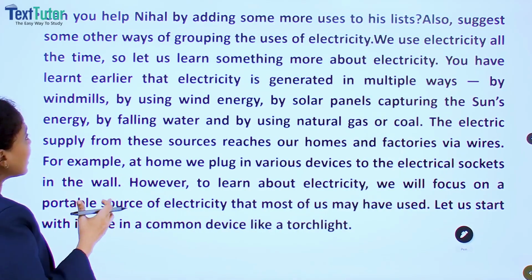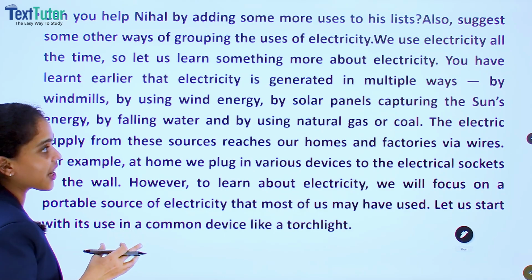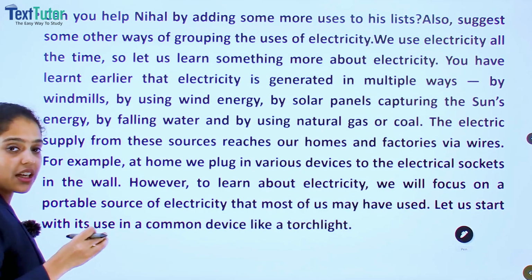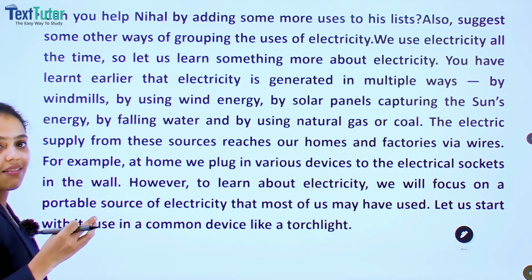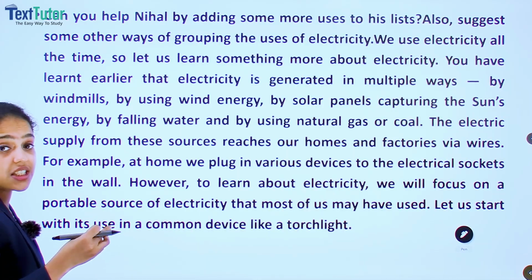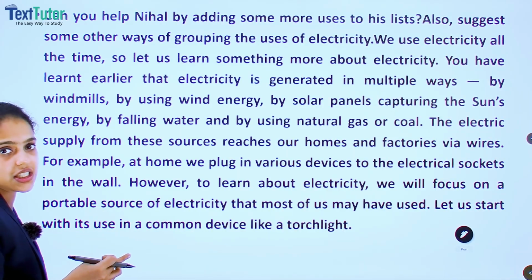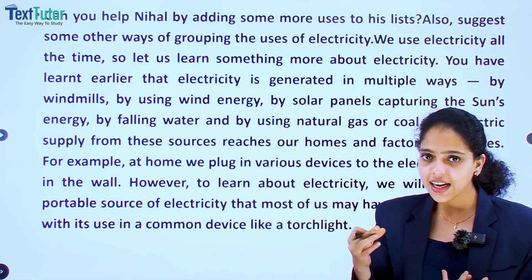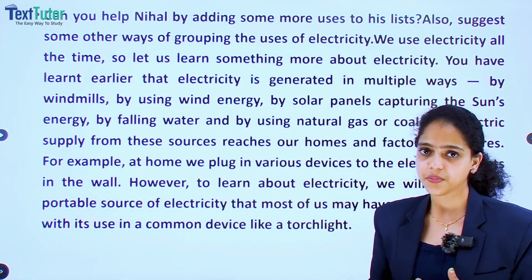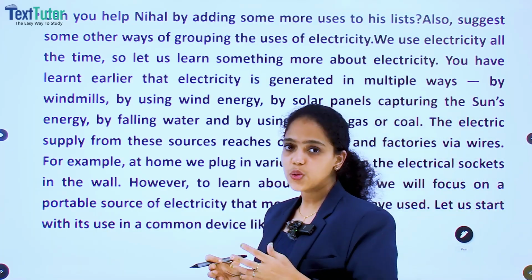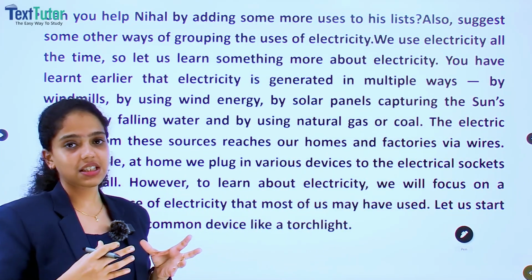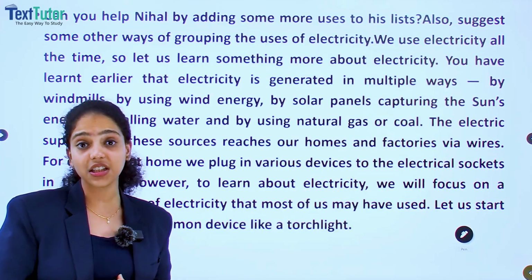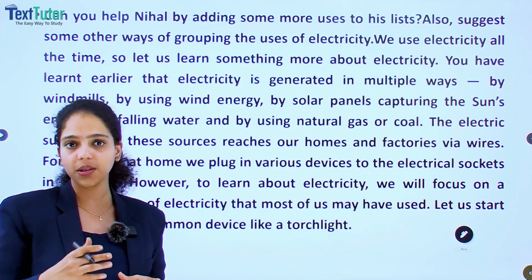You have learned earlier that electricity is generated in multiple ways. In your early classes, you learned that electricity can be generated from solar energy, the energy we get from the sun. Then we can generate electricity through wind energy, through windmills.